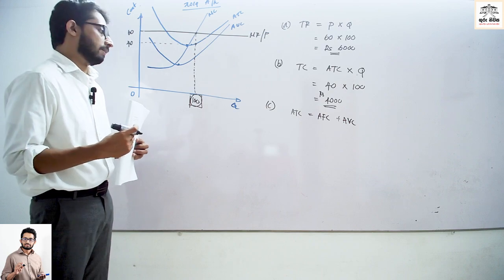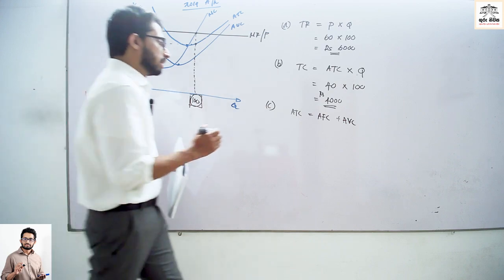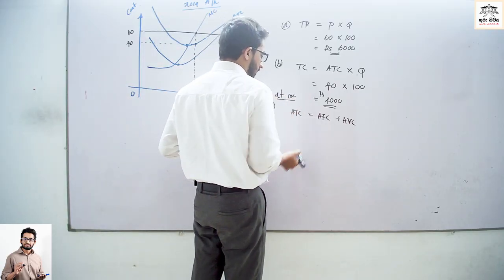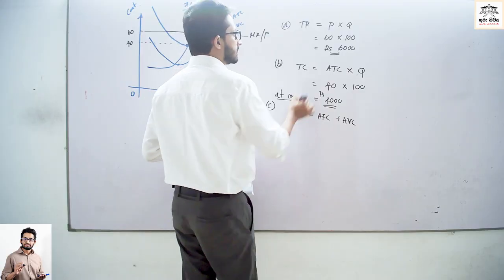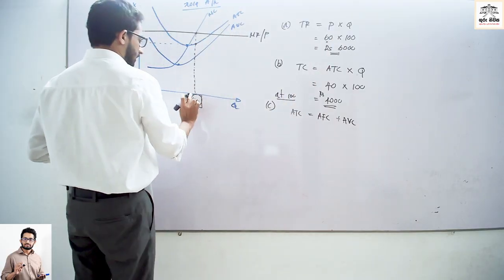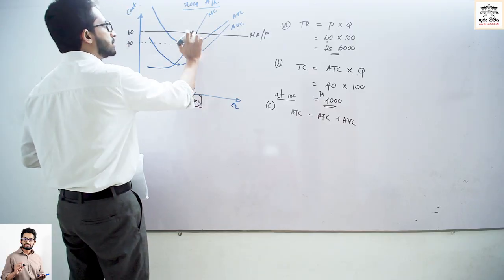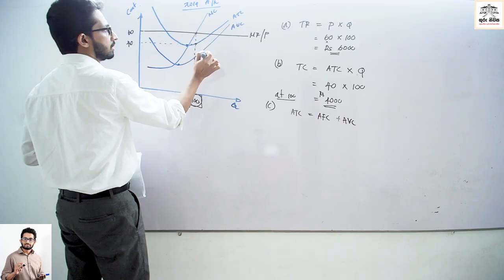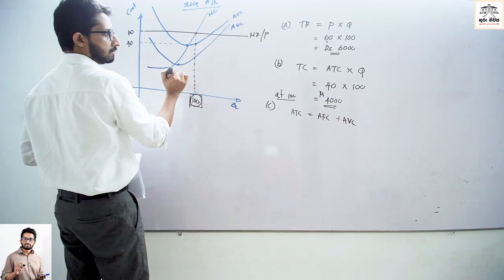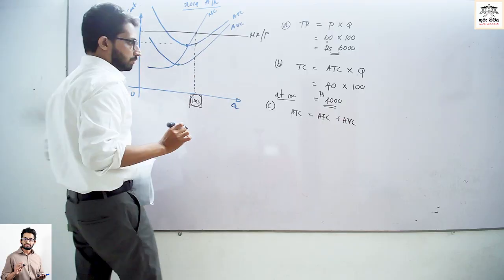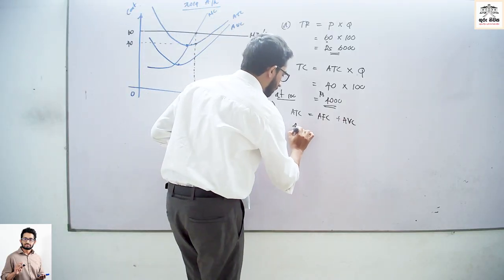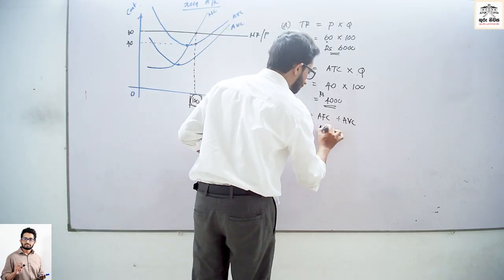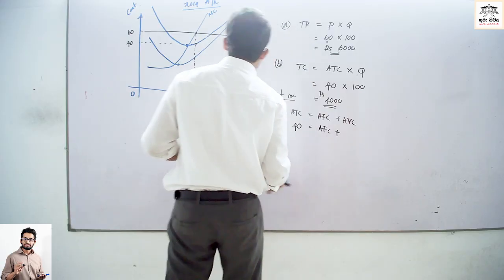Okay, Lamai. Right. Then at 100 output units, at the profit maximizing output level, average total cost is 40 rupees. We don't know average fixed cost; average total cost is AFC plus AVC.